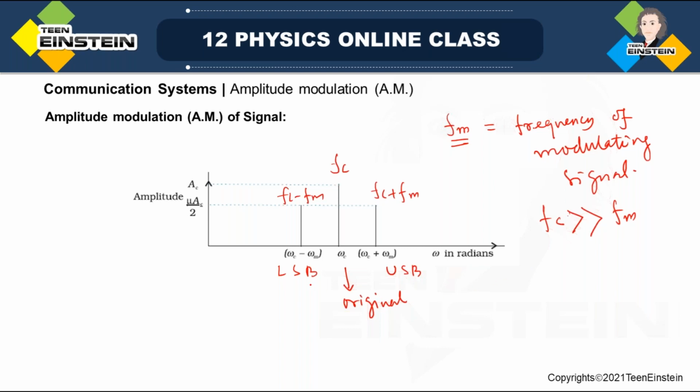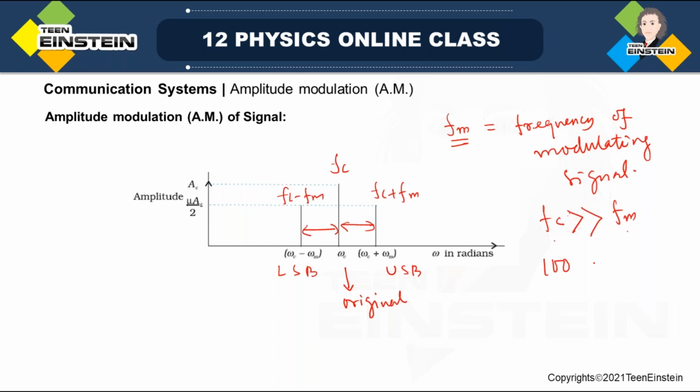Therefore the USB and LSB are not very far from each other, nor from the original one. For representation purposes this gap is shown wider, but it is not very large, because fc is much greater than fm.